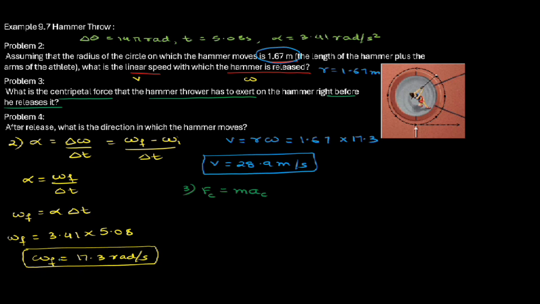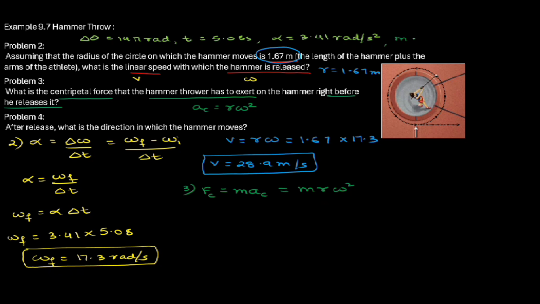And since I have the angular speed omega and I have the radius of the circular path, I'm going to choose centripetal acceleration to be equal to r omega squared to substitute here in calculating the force. So I will write centripetal acceleration ac as r times omega squared. Now we can substitute all our values to calculate the centripetal force.